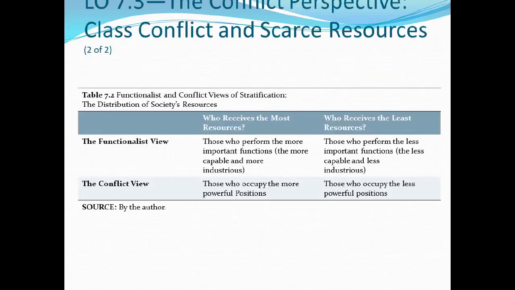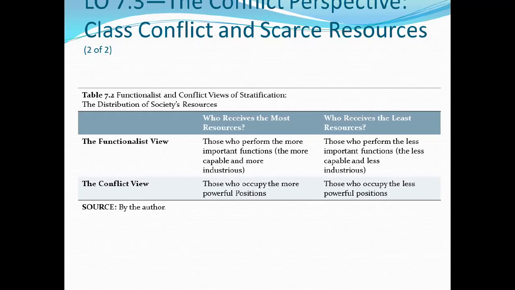So let's look again at the conflict perspective. This is an old chart I pulled up that explains it. The functionalist view: those who receive the most resources are those who perform the most important functions, the more capable, more industrious. The conflict view: those who occupy the more powerful positions receive the most resources. So the functionalist said we need to reward them, they have the most important functions.